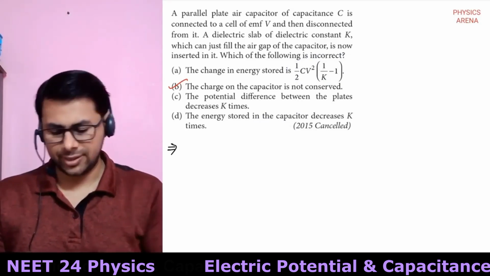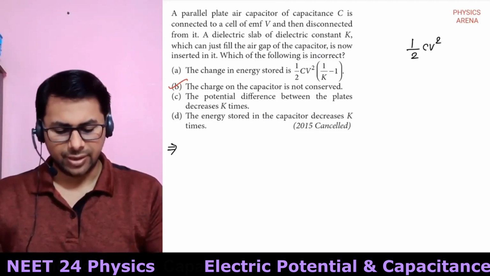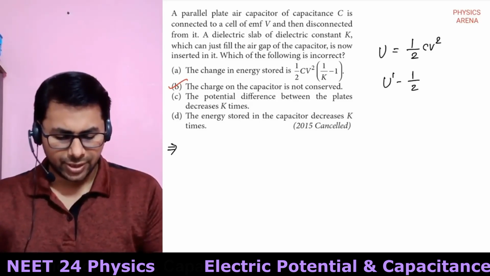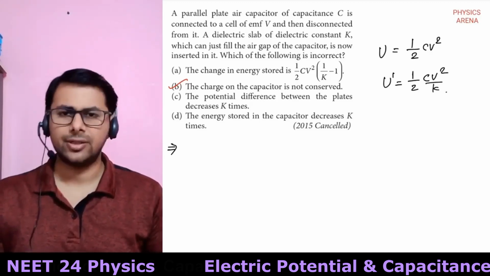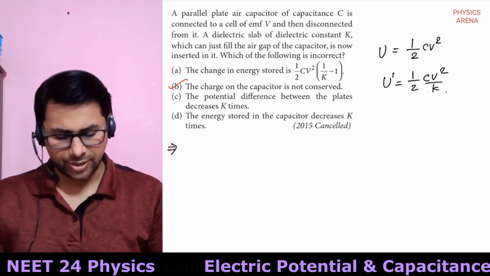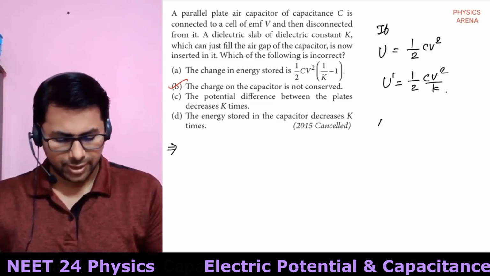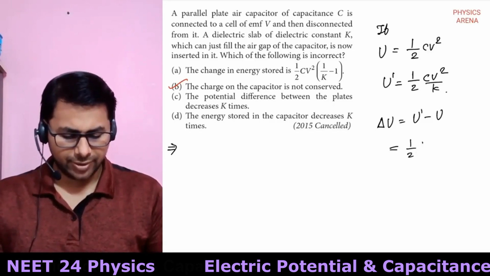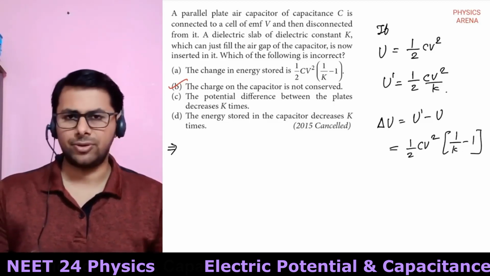If it decreases K times, originally it was half of CV square, now it becomes u dash, equal to half of CV square divided by K. That means the change in energy, u dash minus u, will be equal to what? Delta u is final minus initial, u dash minus u. Take half CV square common, 1 by K minus 1. This is proved, right?